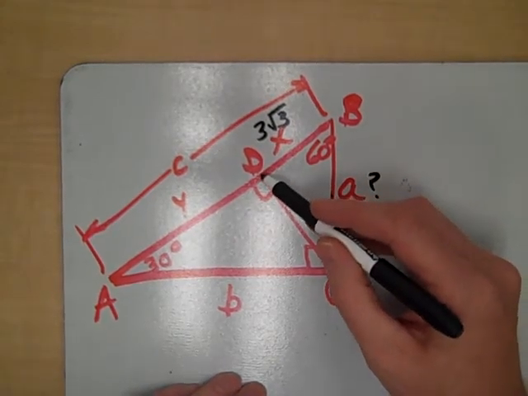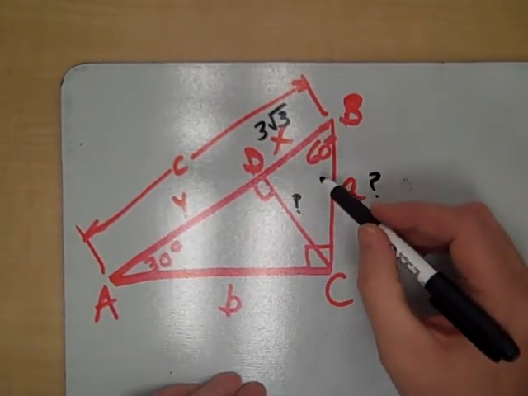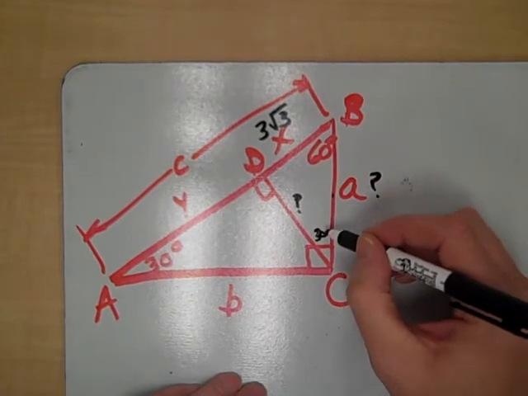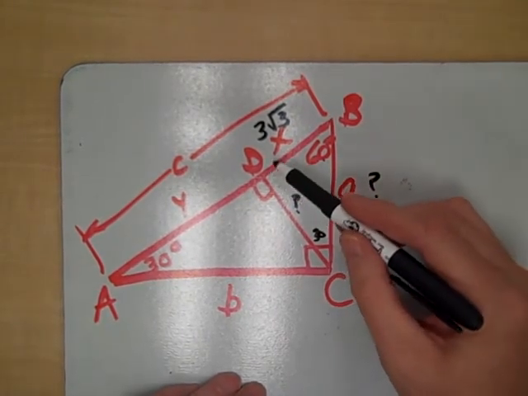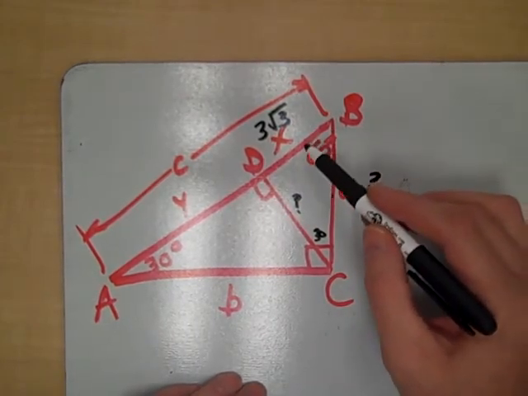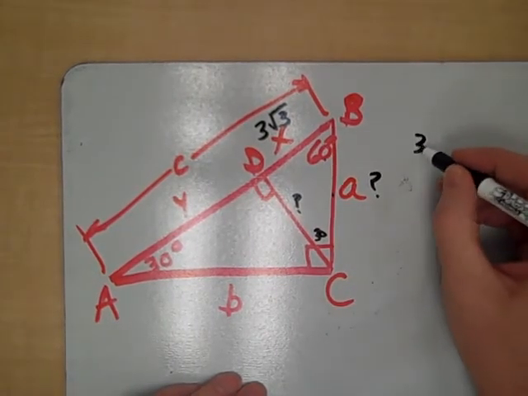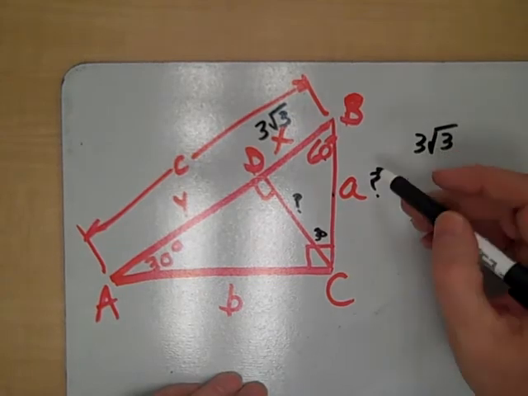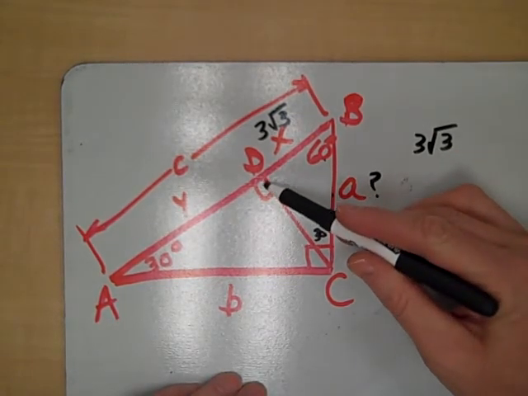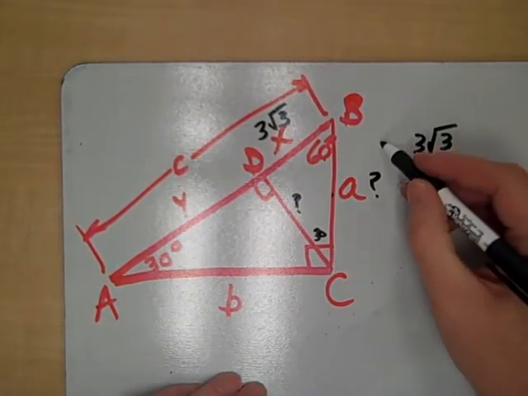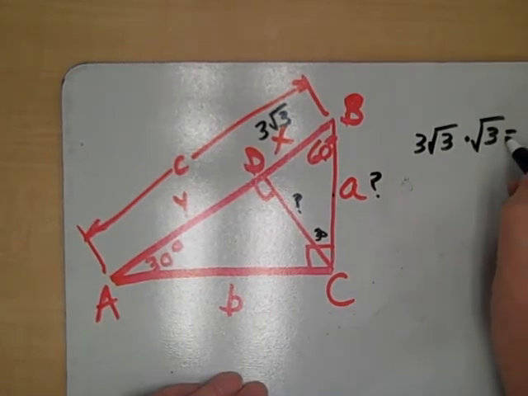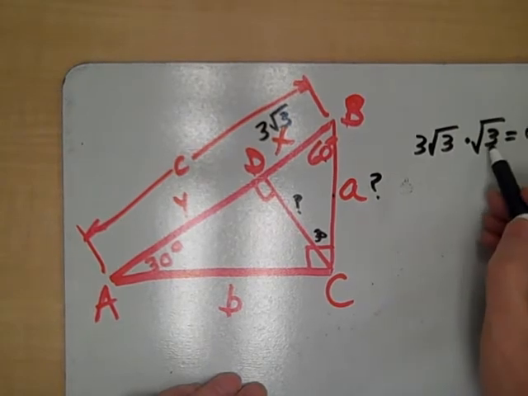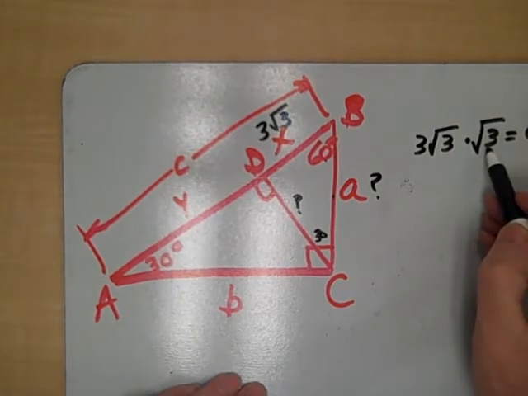Okay. Now, if you just focus on this triangle right here, you're going to have a 30, 60, 90, this little triangle here. 3 radical 3 is the short side. The short side times the square root of 3 is equal to the long leg, and CD is the long leg.